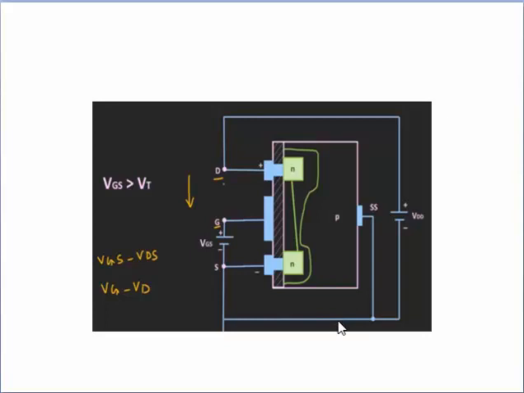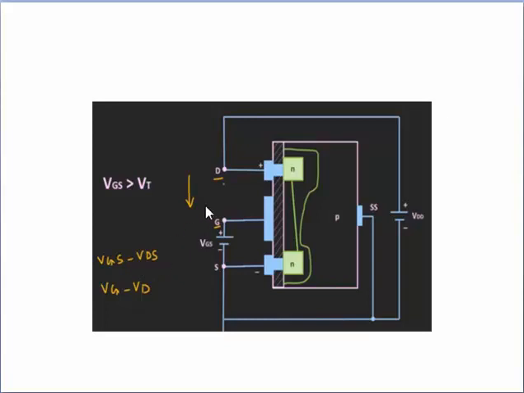And the same phenomenon can also be expressed in another way. Once we apply the drain to source voltage, then the voltage difference between gate and drain terminal will reduce. The voltage difference between these two terminals will be equal to VGS minus VDS.